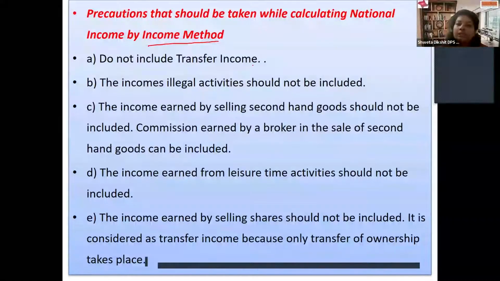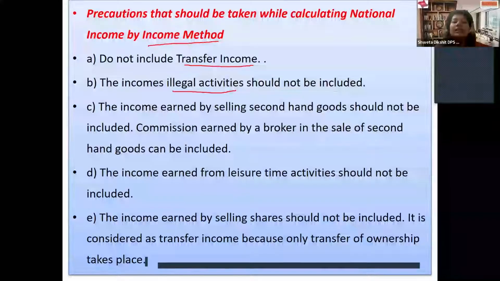First of all, we never include transfer income, as I discussed in the last topic. We also do not include money from illegal activities, because economics never studies any illegal transactions.